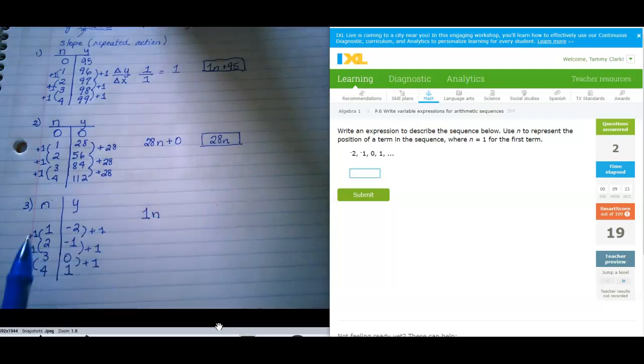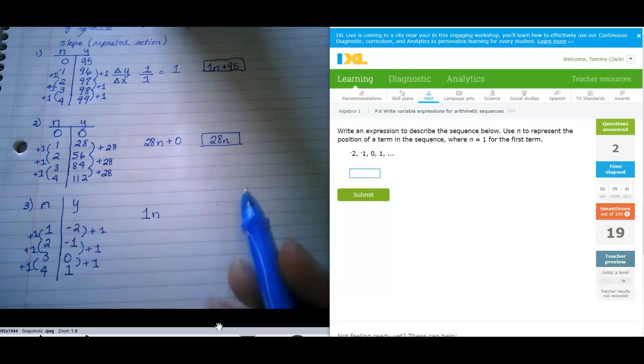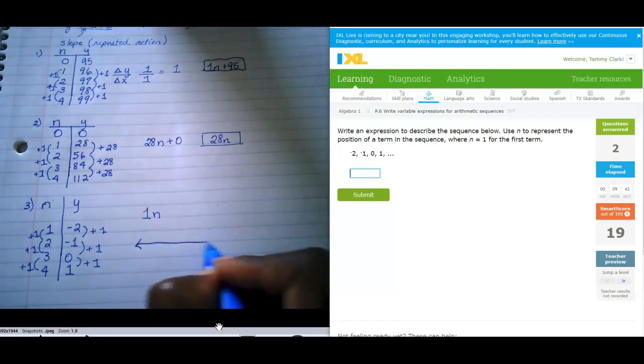Now let's think about that. If I do 1 times 1, I get 1. But my output wasn't 1, it was -2. So what would I have to do to get from 1 to -2? Let's draw a number line and see.